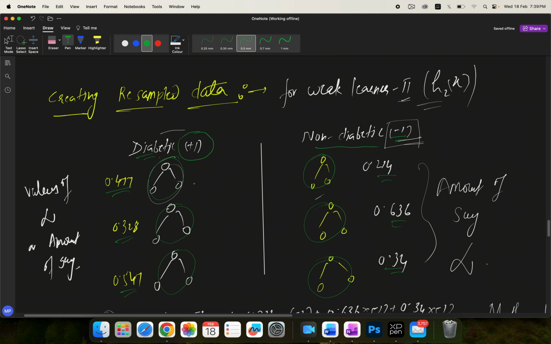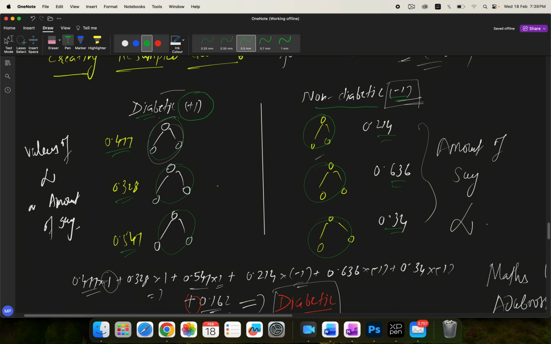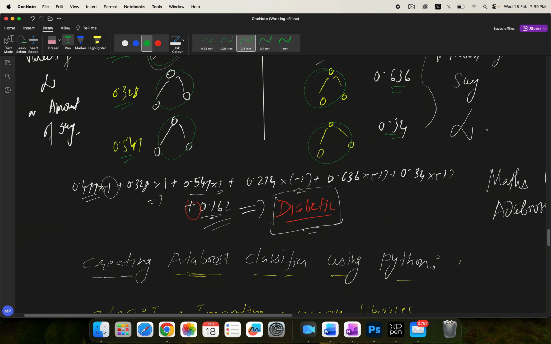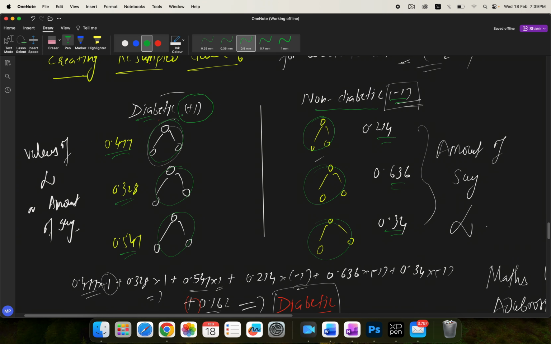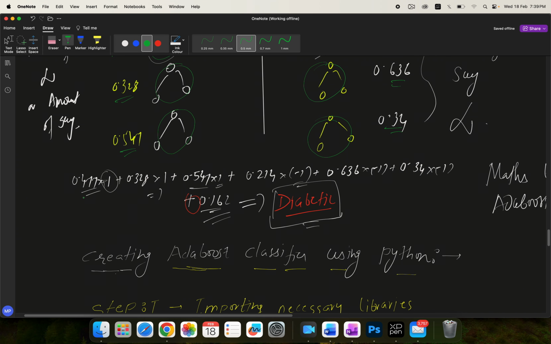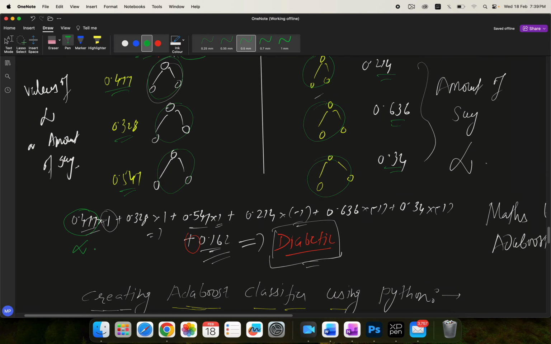So what we will do is perform a sum of the product of alpha and the decision. Here 0.477 is the value of alpha and this is the decision, whether it is diabetic or non-diabetic. So alpha into the decision of that particular model.